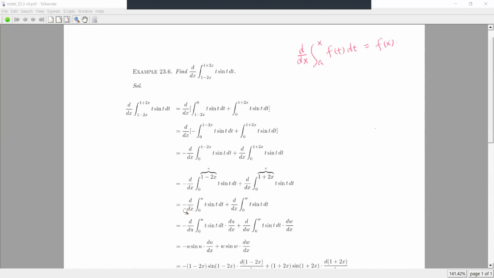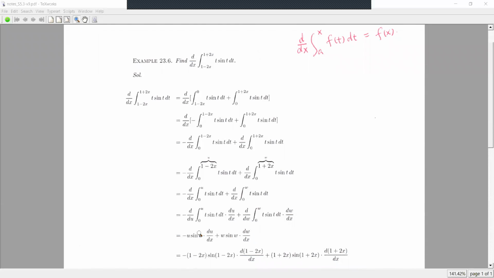I insert du here, and then to cancel this du, I put a du in the numerator and then move the dx here. Do the same for the second derivative. I insert dw here, then to cancel this dw, I put a dw on the numerator and move this dx here.